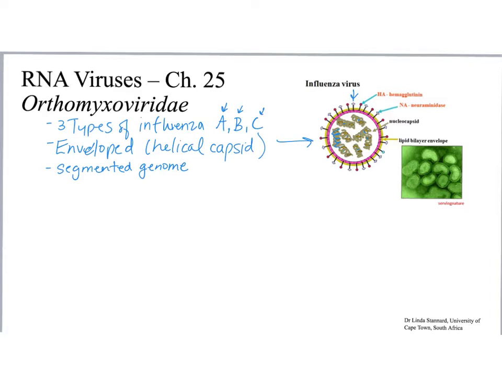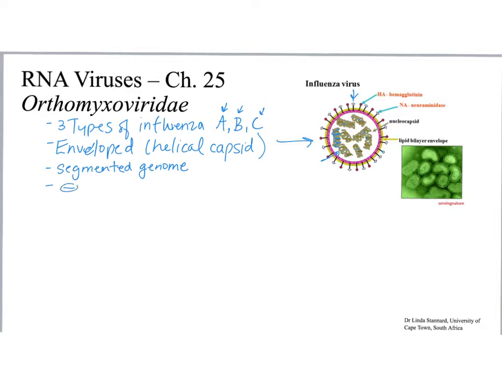Okay, and so each one of these segments encodes for 1 protein. All right, so if you remember with the herpes virus, those viruses typically carry about 80 genes, somewhere between 80 and 100. So a much smaller genome for RNA viruses. They tend to have smaller genomes. Okay, they don't have error-correcting mechanisms, so that's partly what accounts for that.